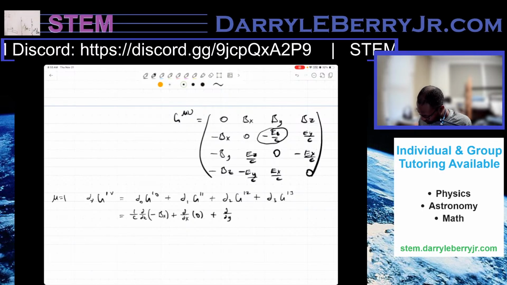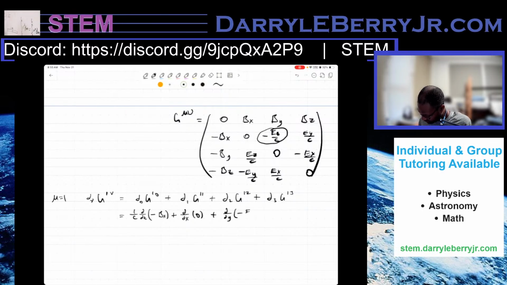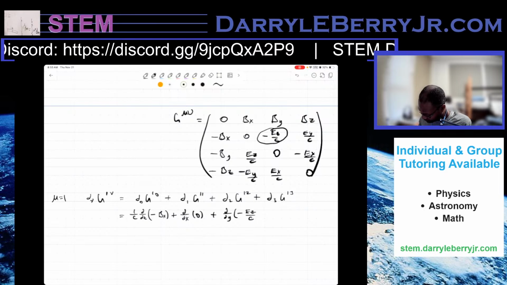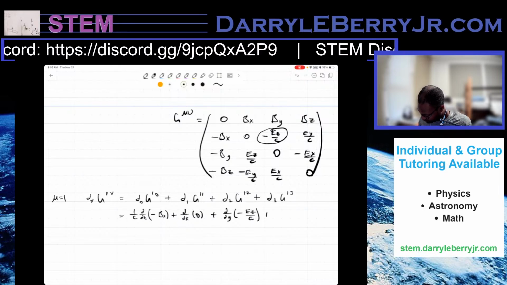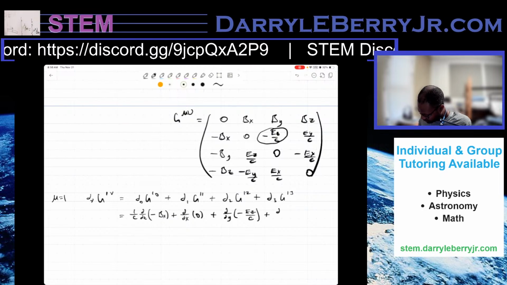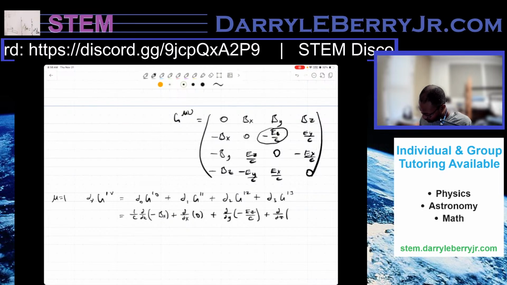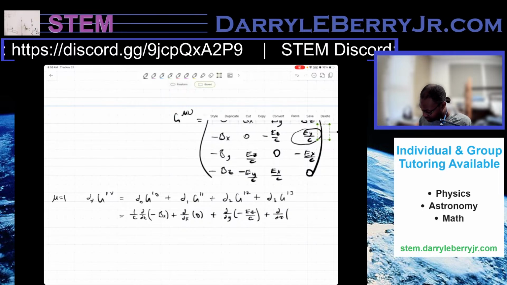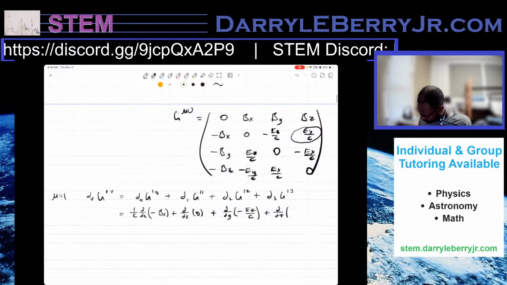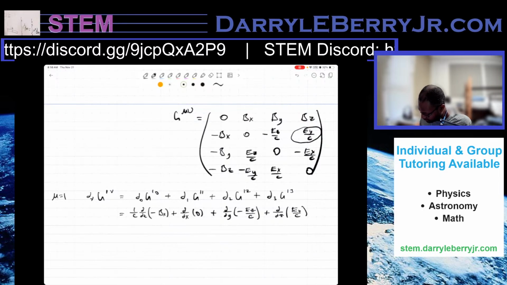So that's minus Ez over c. And then we have plus partial z of row 1, column 3. That will be here. So we have Ey over c.